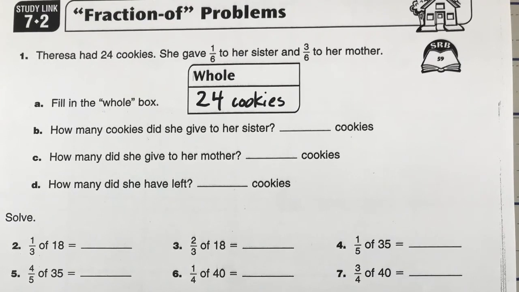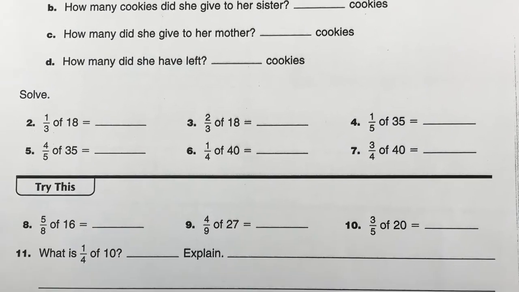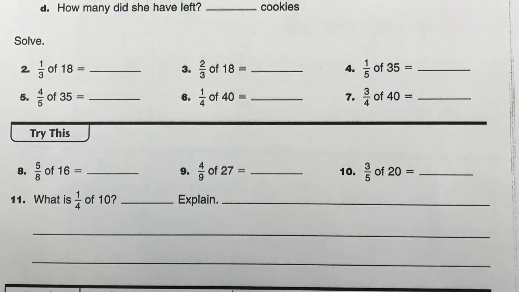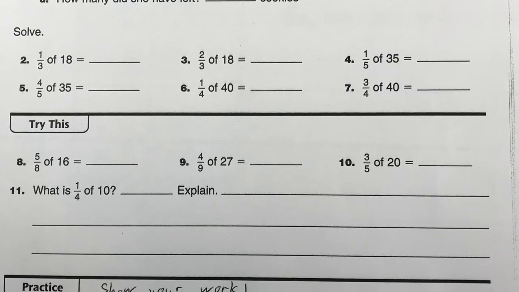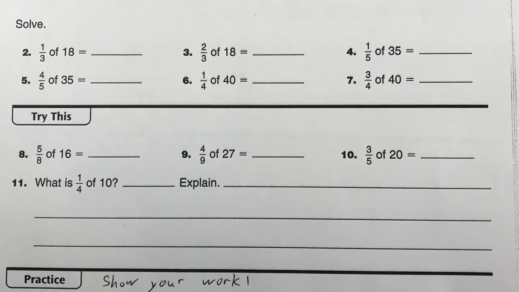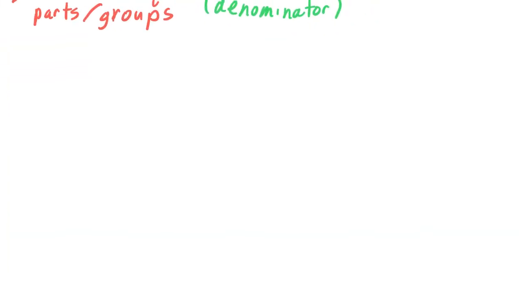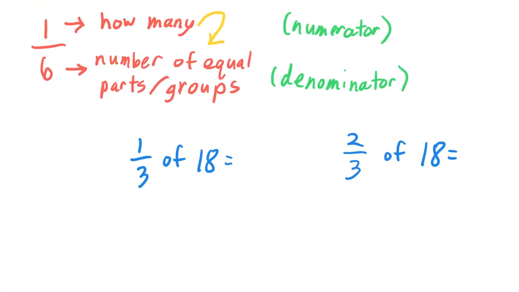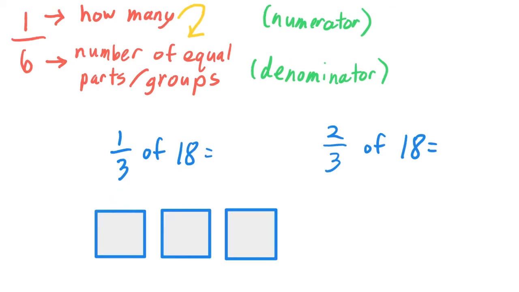Of B, C, and D. And then we can keep using the same method for these other ones. So 1/3 of 18, 2/3 of 18. Let's look at that real quick. So again, just to review this, the number on the bottom here, the 3 means 3 equal groups.